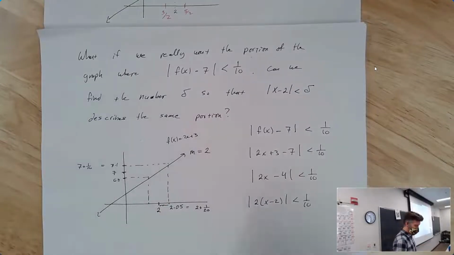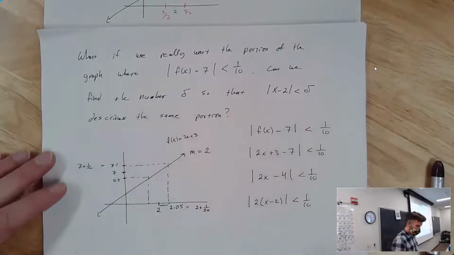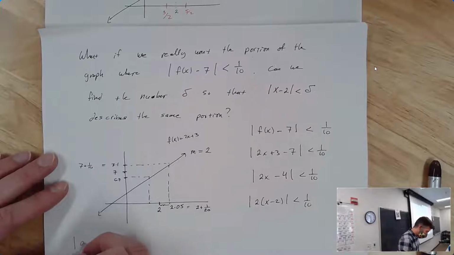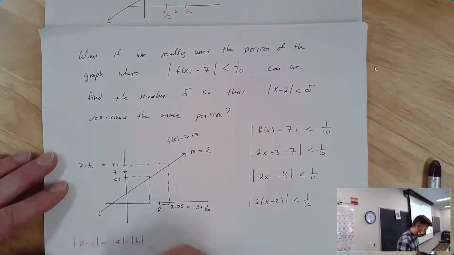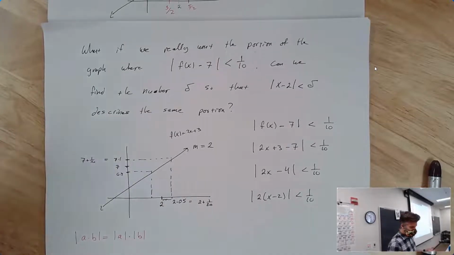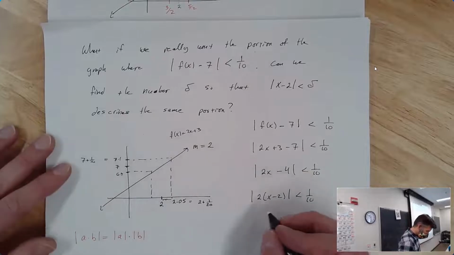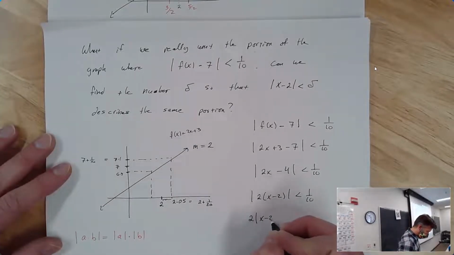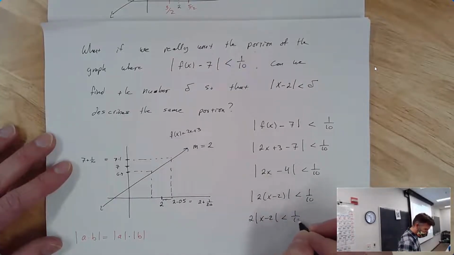Essentially, what I'm saying is that the absolute value of a product is the product of the absolute values. Here's the rule I'm referring to: the absolute value of A times B equals the absolute value of A times the absolute value of B. So if you bring something out of an absolute value, it has to stay positive. So this is going to be 2 times the absolute value of x minus 2 less than 1/10.